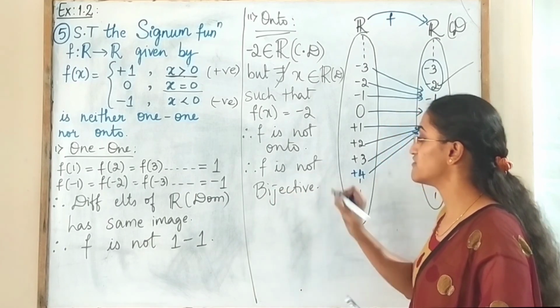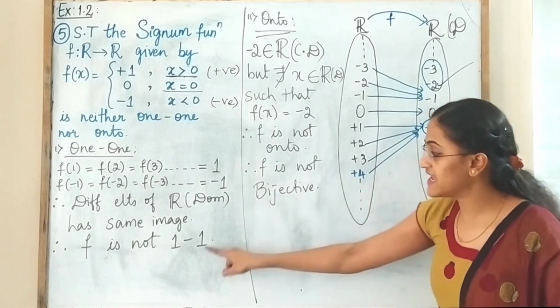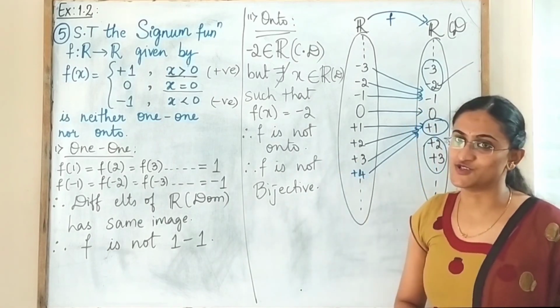And therefore we have now proved that even the signum function is neither one-one nor onto.